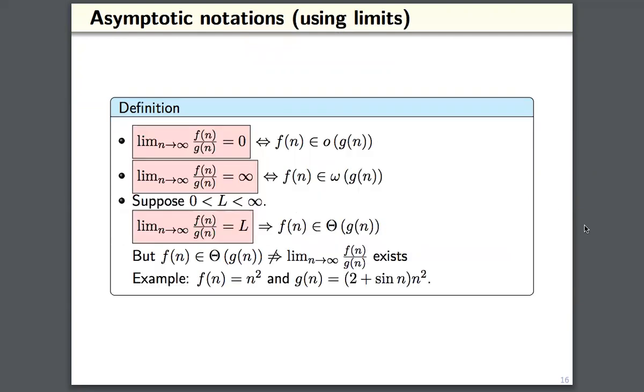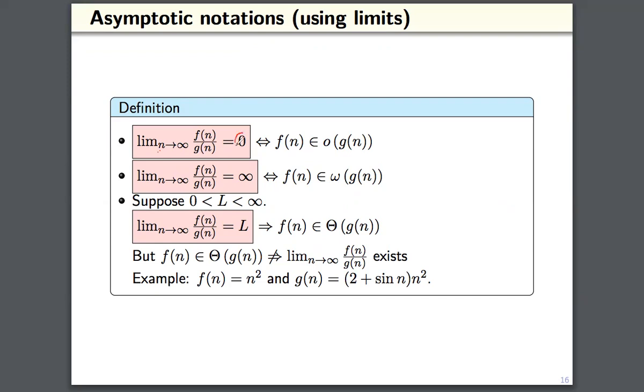Now let's look at the definition of these asymptotic notations using limits. See here: limit of f of n divided by g of n when n tends to infinity.